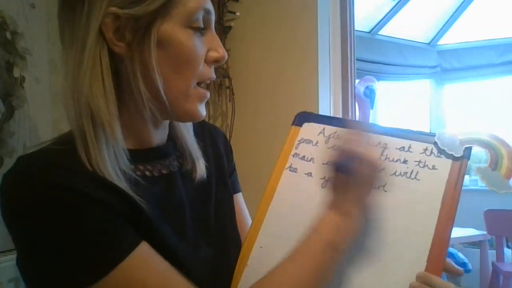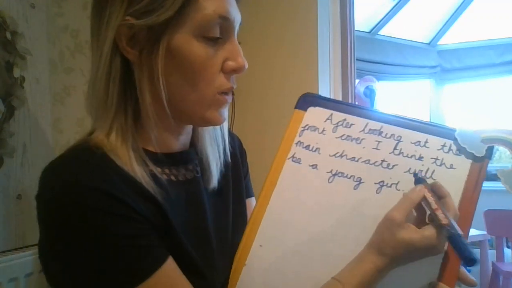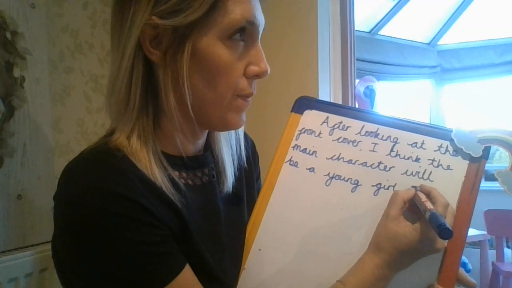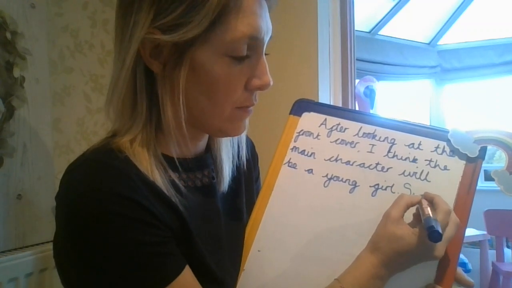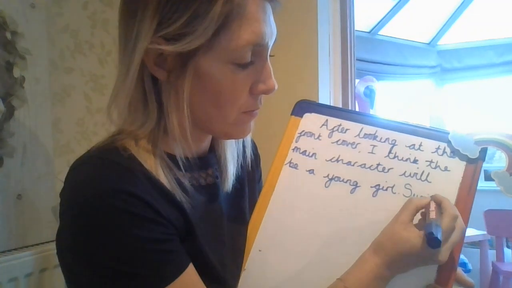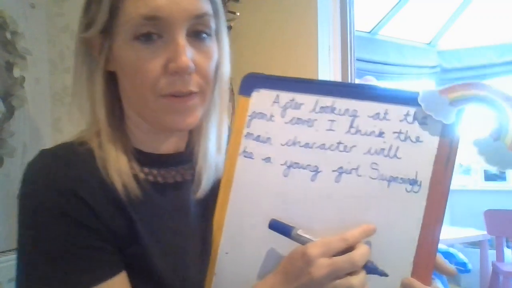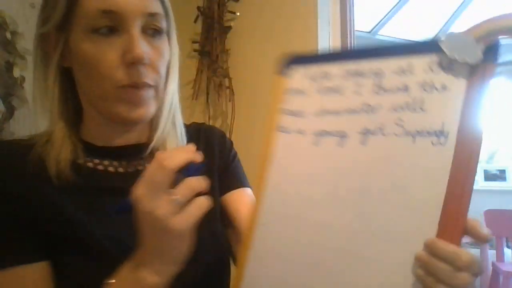Okay, so after looking at the front cover, I think the main character will be a young girl. I then may go on to say, surprisingly, now remember, if I'm using a fronted adverbial, what do I need after my fronted adverbial? Remember? A comma.